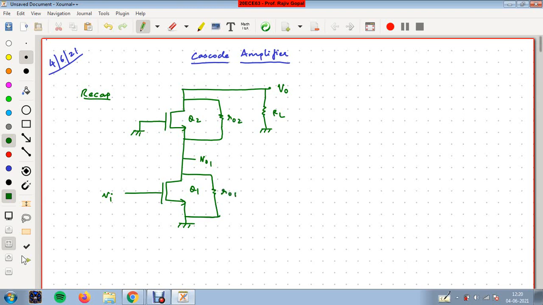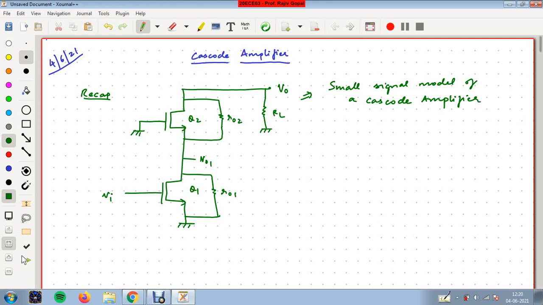This is the small signal model of a cascode amplifier.